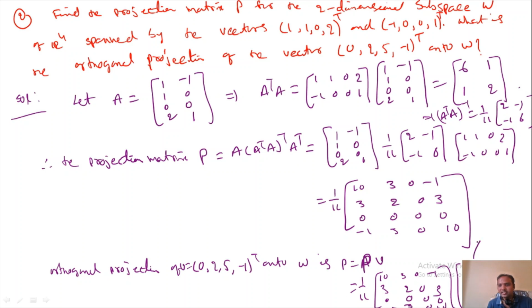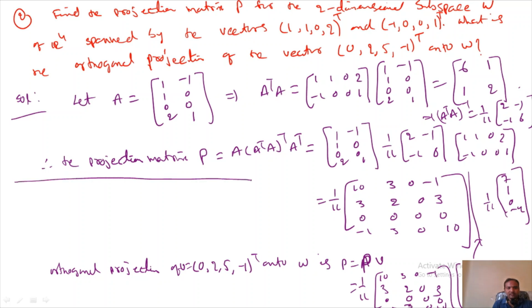So we get 1 by 11 into 7 1 0 -4. This is the vector projection. Now you can check it: the error vector must be orthogonal to each column of this given space.